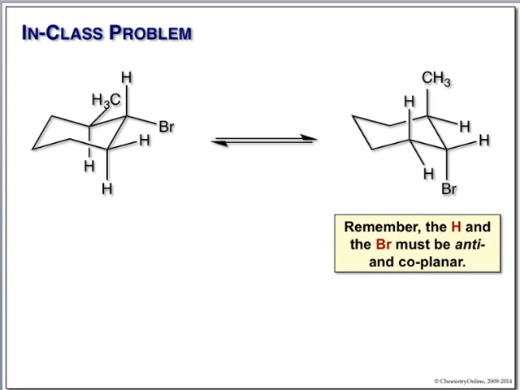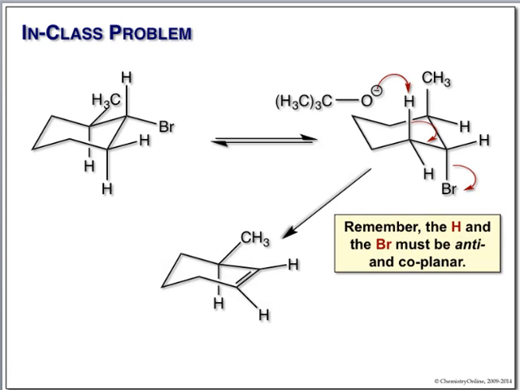Because they must be anti and coplanar, tert-butoxide will simply pull this hydrogen off, and we wind up with this alkene. Any questions?